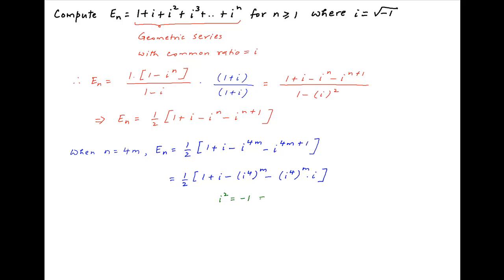Now recall that i square is equal to minus 1. Therefore, i raised to the power 4 is equal to 1. Using this result, En is equal to half of 1 plus i minus 1 minus i. All the terms in the brackets cancel out, and therefore the value of En in this case is equal to 0.